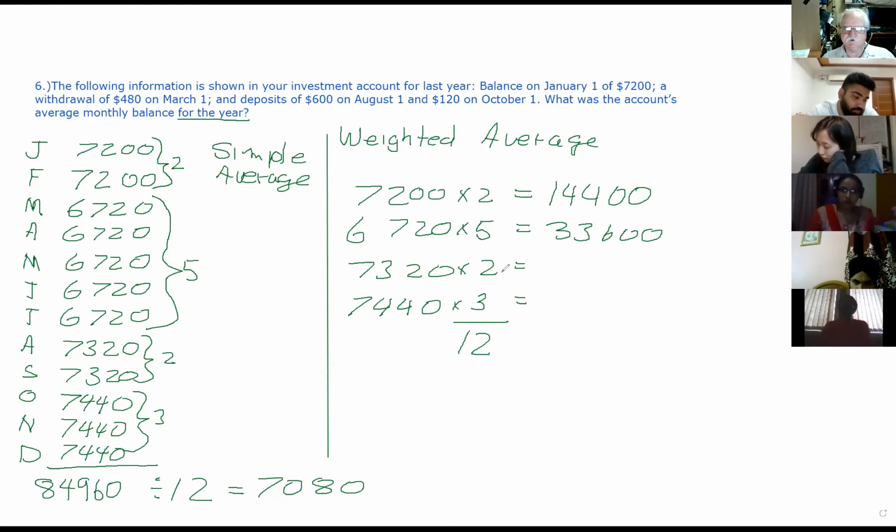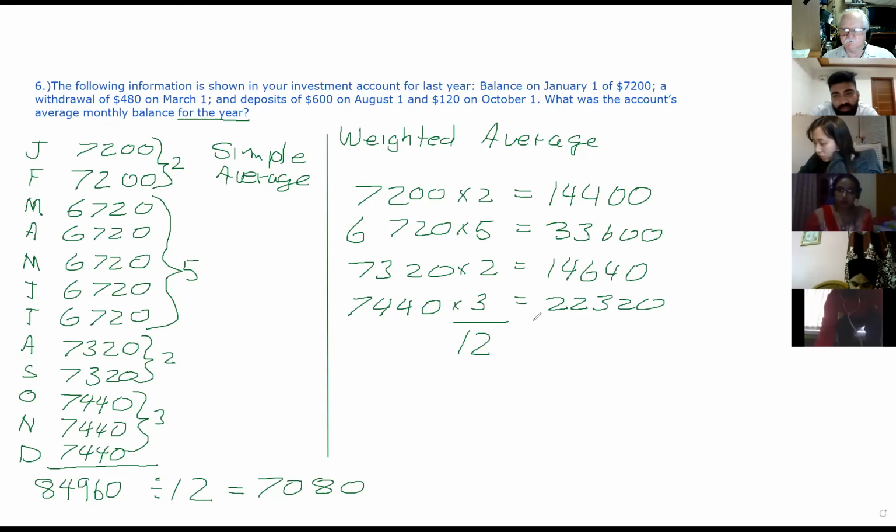And 7,320 times 2. 14,640. And 7,440 times 3. 22,320. And when we add these up, we're really hoping it equals 84,960. Let's give it a try and see if it does.